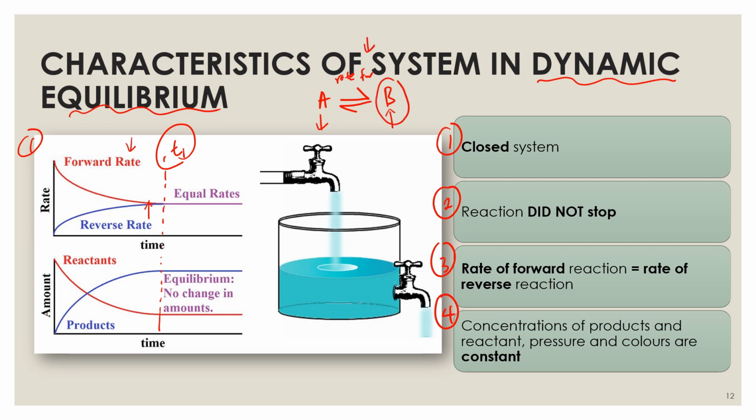And as the concentration of B is higher than A, the reverse reaction will be more favored. Okay, tindak balas reverse akan menjadi lebih favorable.